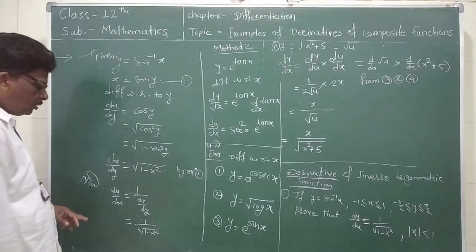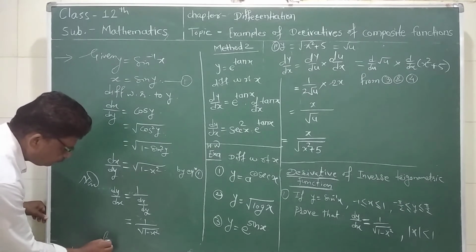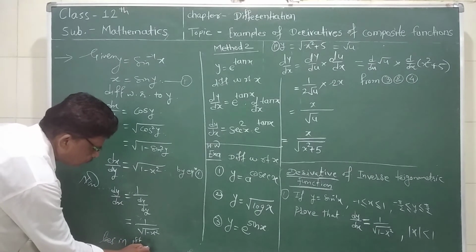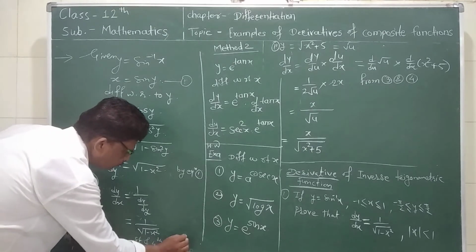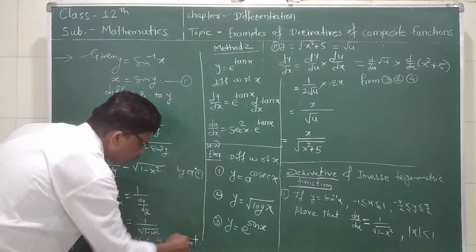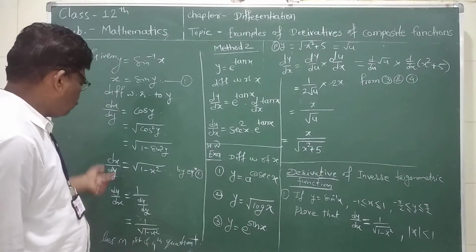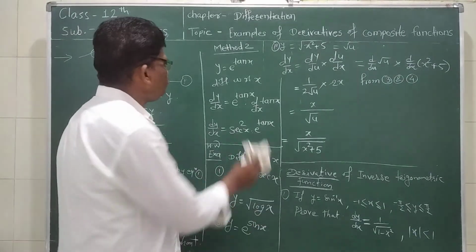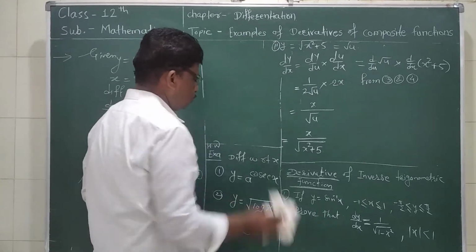The condition is that this lies in the first and fourth quadrant, so this is positive. In the same way we also solve cos inverse x.